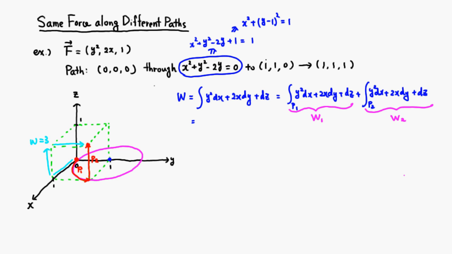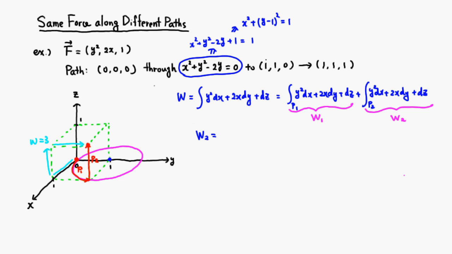So let's do the easy one. I'm gonna cheat a little bit, set it up and just find the value. W2 is easier. Since you are going along path 2, which is just going straight up, x never changes and y never changes, only the z value changes.